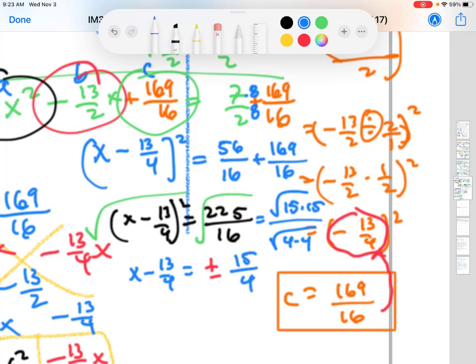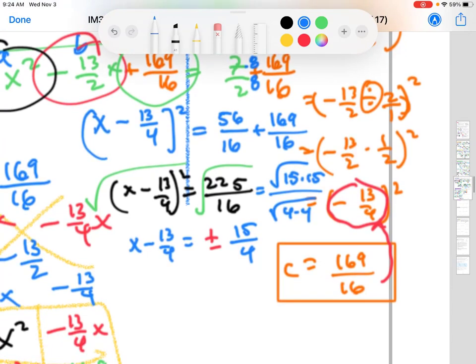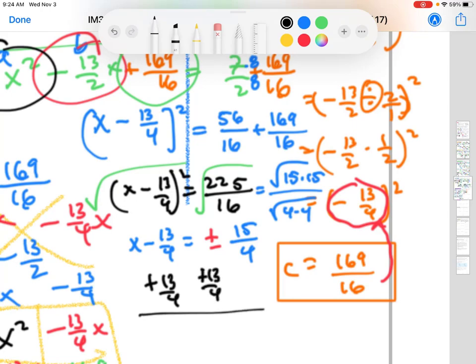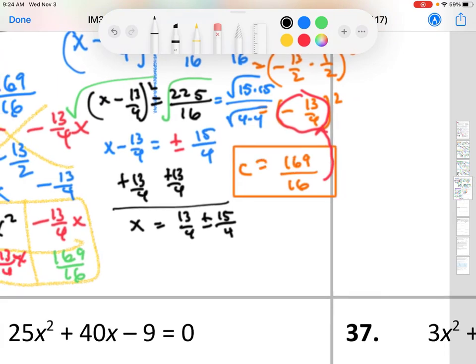And this is how you know you're always doing it right at the end. Those fractions should be nice and easy. So add 13 over 4 right to the left of the red. Common denominator, you can split it if you want to, but I'm just going to add across. 13 plus 15 is going to be 28 over 4, which is 7.